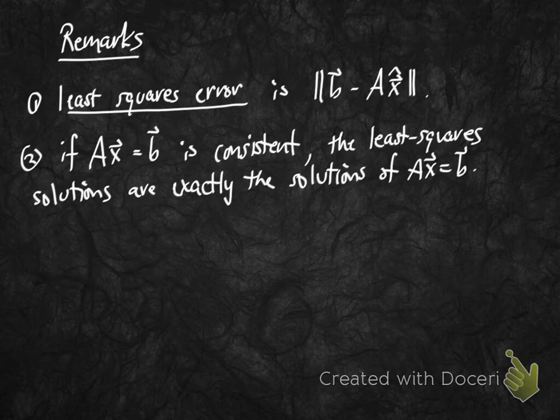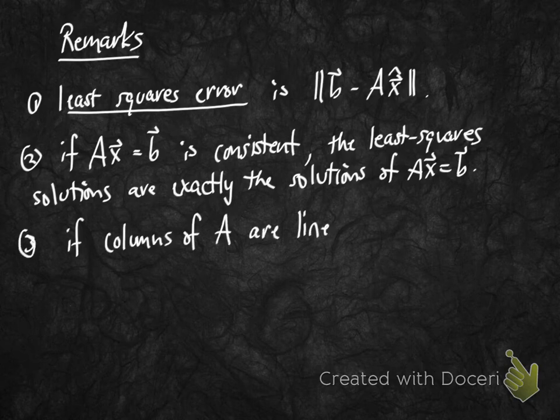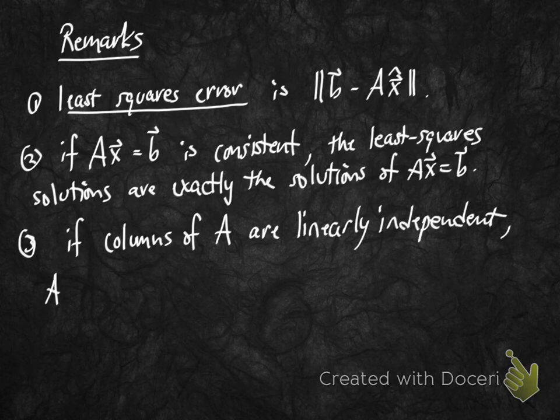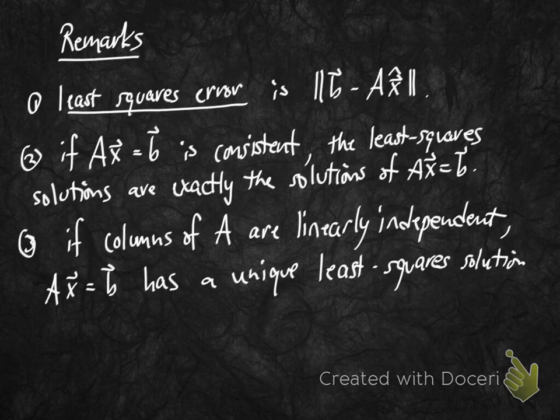They're essentially the best we can do to solve a linear system, even when it's not solvable, when it doesn't have a solution. Three, if the columns of the matrix A are linearly independent, then Ax equals b is actually going to have a unique least squares solution, right? And that's what happened in the previous example we were looking at.